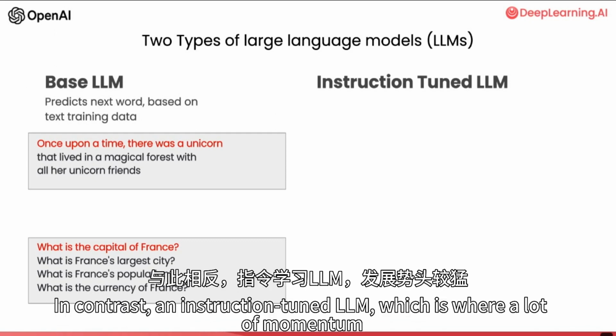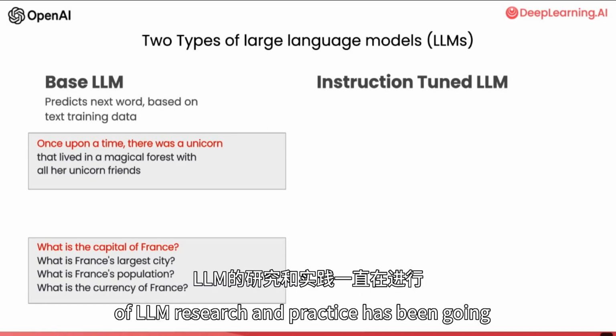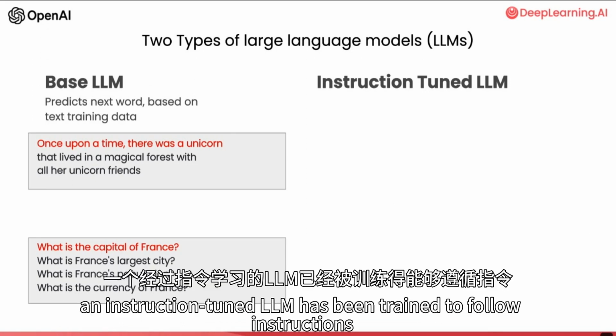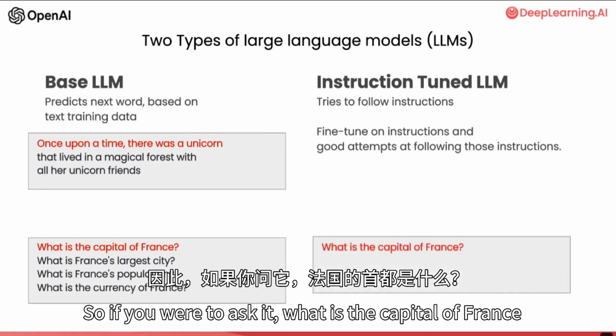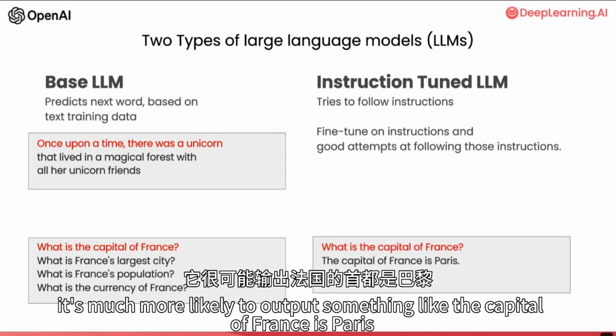In contrast, an instruction-tuned LLM, which is where a lot of the momentum of LLM research and practice has been going, has been trained to follow instructions. So if you were to ask it, what is the capital of France, it's much more likely to output something like, the capital of France is Paris.